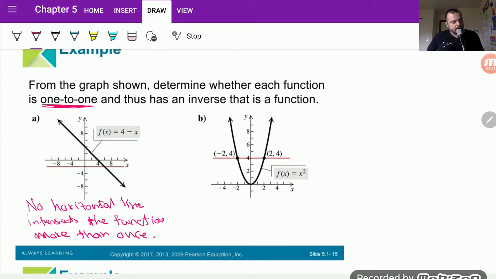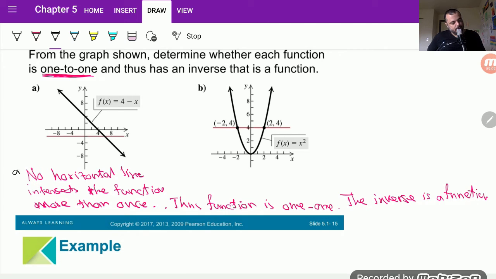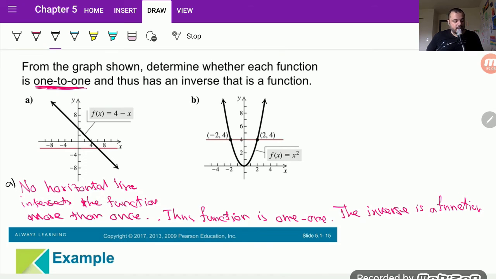So what is this? Thus, the function is one-to-one, and the inverse, consequently, is a function. This is for A.